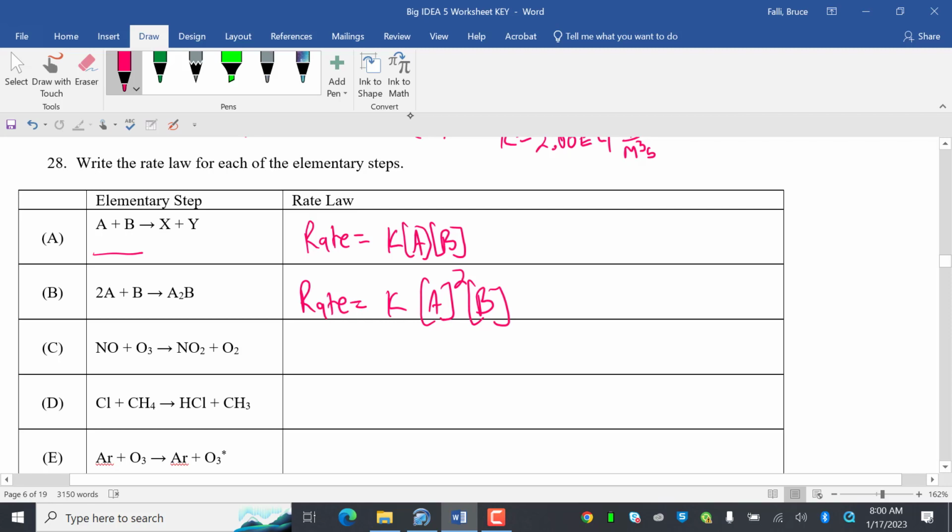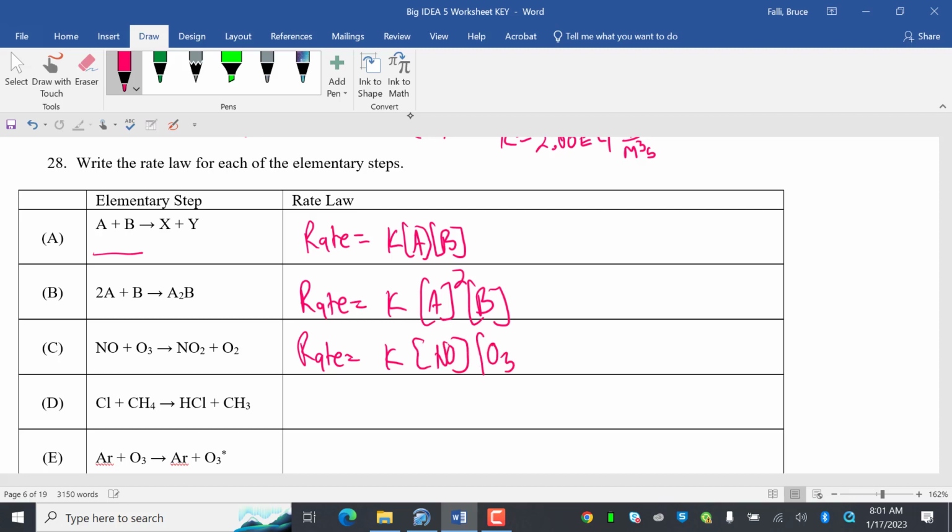So this is where we're going to use that exponents. Rate equals K, no, 3, and no coefficients. So that's done. Rate equals K, Cl, CH4. And I want to remind you that anything in brackets means it's in molarity.